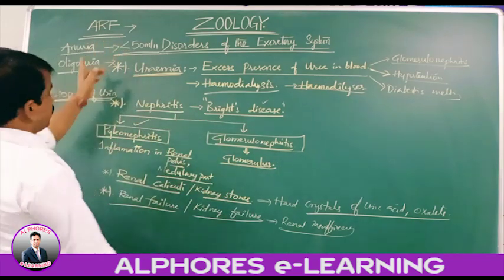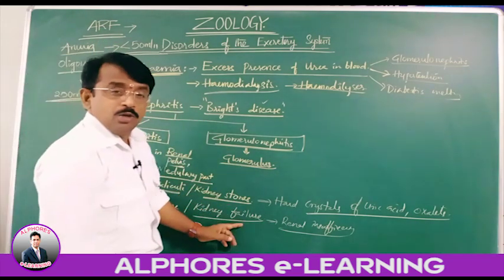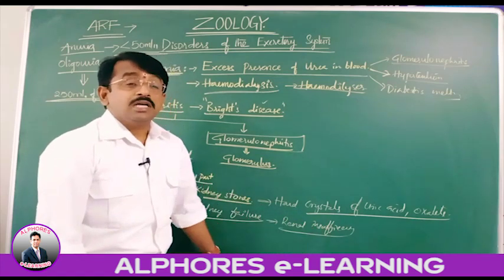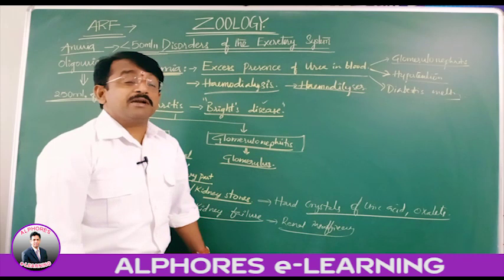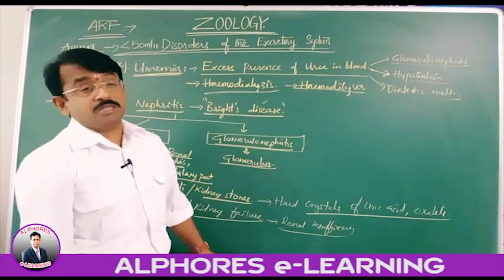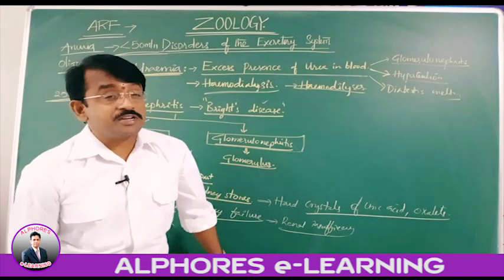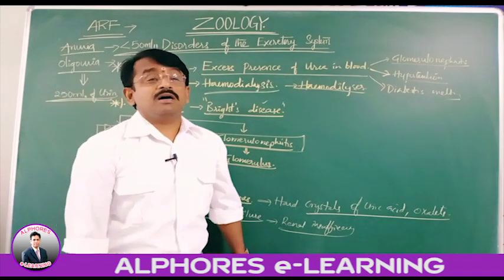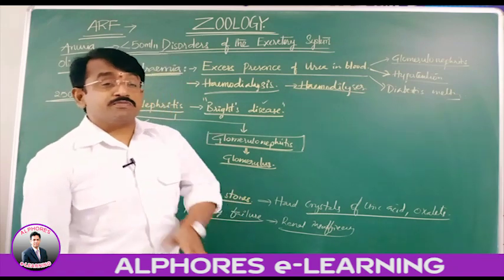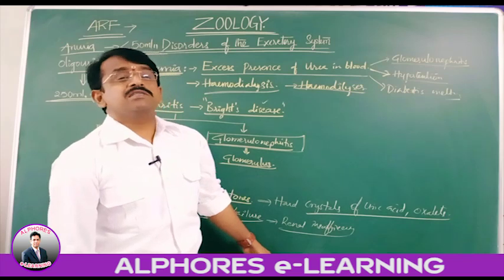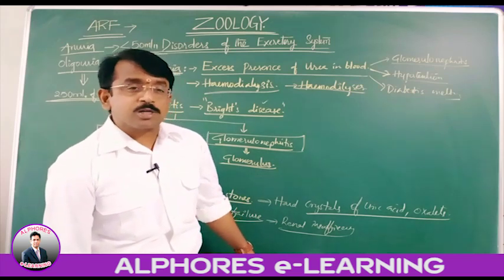So that is renal failure, kidney failure, renal insufficiency, and this is also indicated by accumulation of serum creatinine levels in the blood. What is creatinine? Creatinine is nothing but the threshold substance which needs to be immediately eliminated. It is a byproduct of muscle contraction.